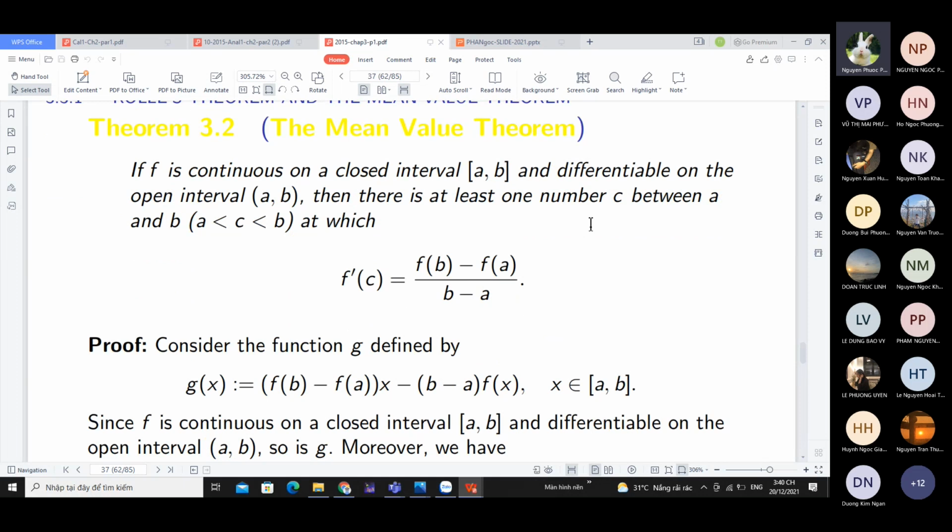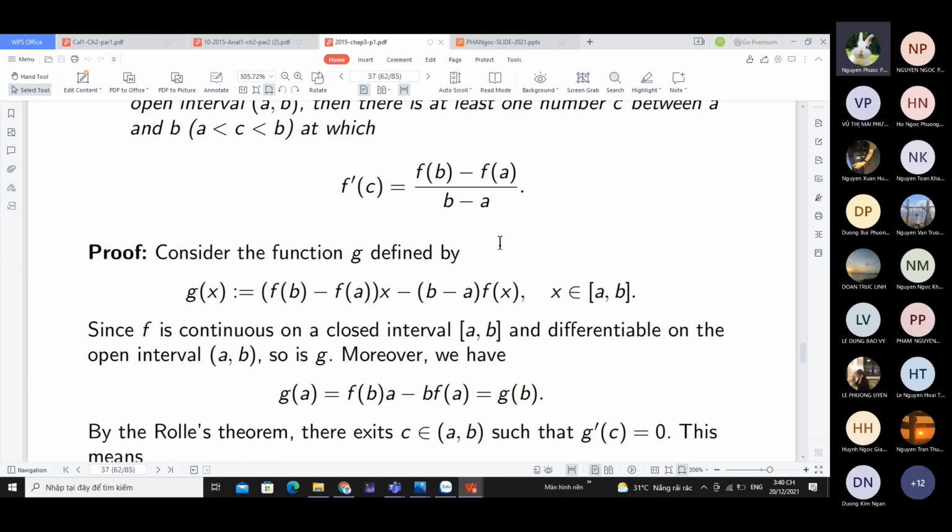Now, how to prove it? I want to discuss the proof of this theorem. We consider the following function: g of x equals (f(b) minus f(a)) times x minus (b minus a) times f of x on the closed interval [a, b]. Why do we consider this function? It is a very nice question.